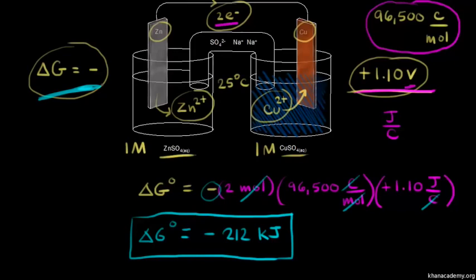Notice that delta G0 and E0 have opposite signs, right? We had a positive sign for our voltage, and we ended up with a negative sign for delta G. And that's why we have this negative in our equation here. So a spontaneous reaction in a voltaic cell has a positive cell potential, a positive value for the voltage, but a negative change in free energy because that indicates a spontaneous reaction.